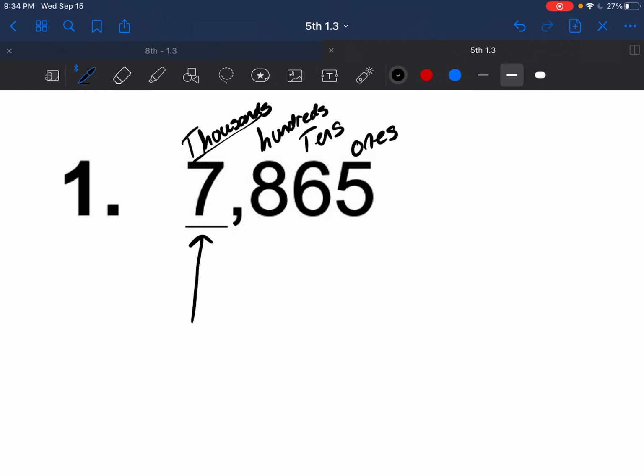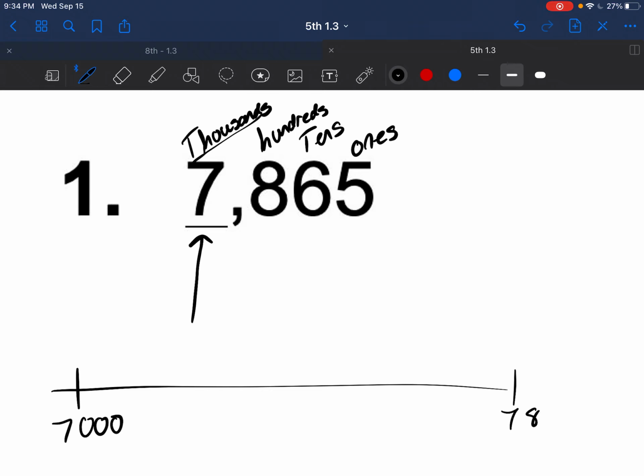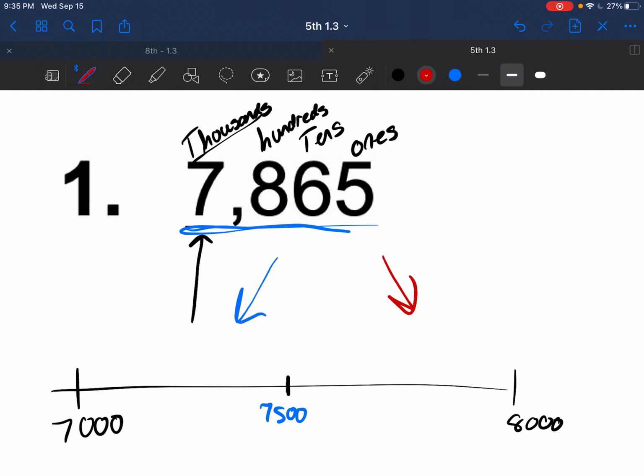So there's a few ways to do this. This is probably like the 4th grade way of doing it. So I'm just going to show you guys really quick. If I have 7,000 right here, and I have 8,000 right here, in the middle we're going to put 7,500. Where would this number go? 7,865. Would it go over here on the blue side, or would it go here on the red side?